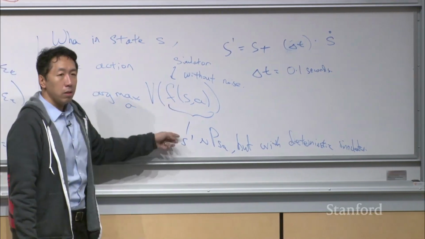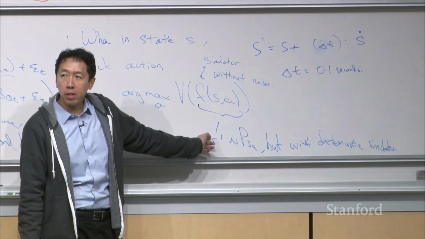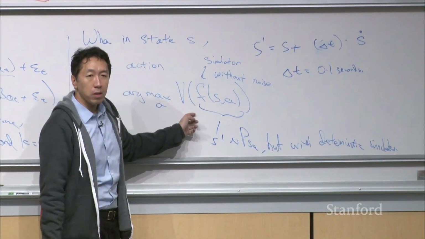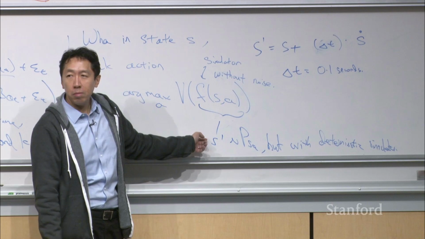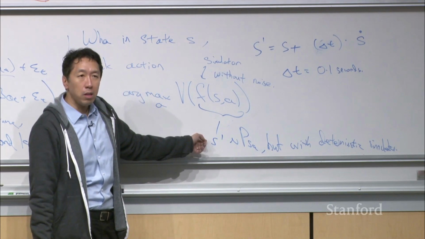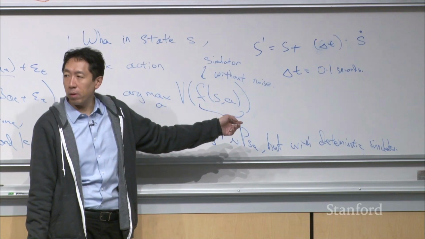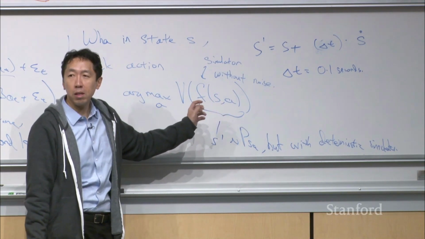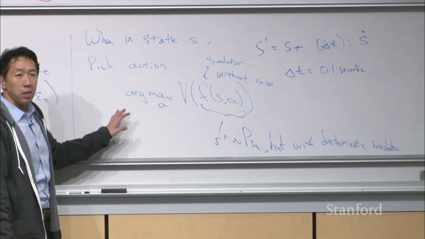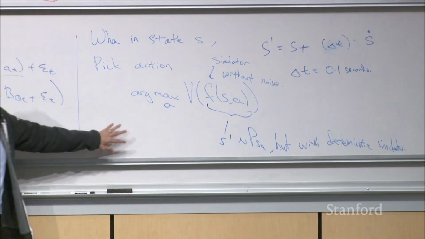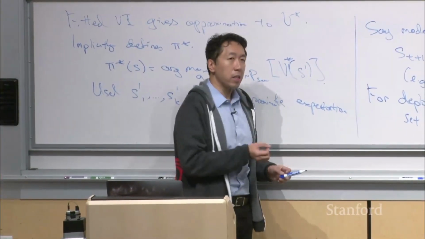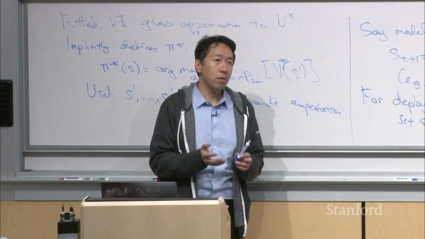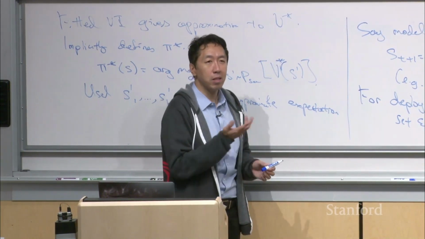Use your simulator to figure out where you would go under every single possible action, and apply your value function to see, of all of these possible actions, which one gets my helicopter, in the next 1/10 of a second, to the state that looks best according to the value function you've learned from fitted value iteration. And it turns out if you do this, this is how you'd actually implement something that runs in real time. And I just mentioned, the idea of training with a stochastic simulator and then just setting the noise to 0 is one of those things that's not very rigorously justified, but in practice, this works well.